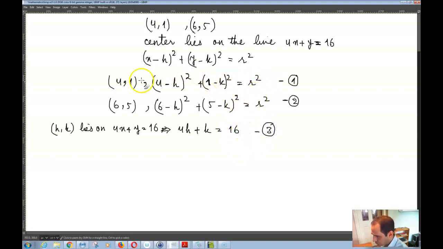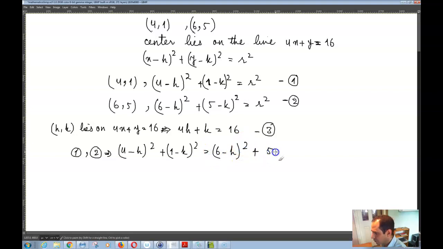Now, since both of these left-hand sides are equal to r squared, from 1 and 2 I can conclude that 4 minus h whole squared plus 1 minus k whole squared is equal to 6 minus h whole squared plus 5 minus k whole squared.